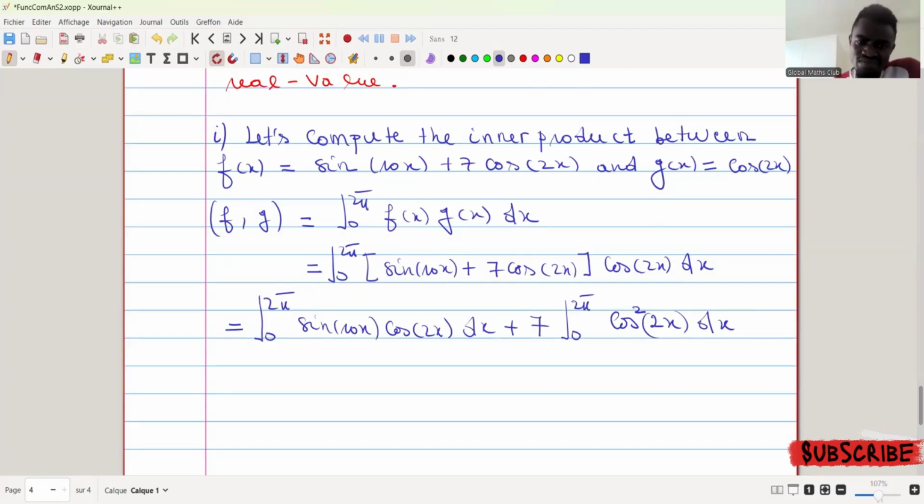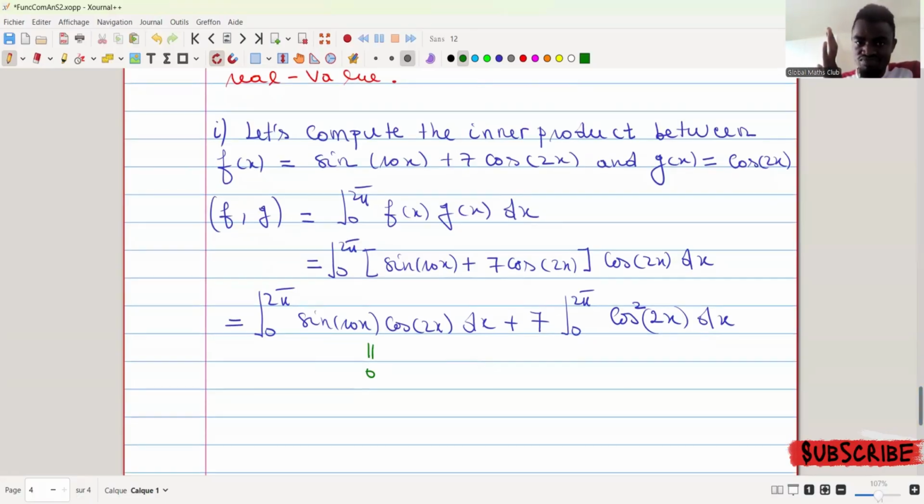So sine 10x and cosine 2x, they are orthogonal. Maybe if you don't know this, you have to compute this by using trigonometric formulas. And if you don't know, you are going to suffer. Sorry if you don't know. I don't know if you would like me to recall some trigonometric formulas, but before doing that, I would like to tell you this integral is 0. You should know this because cosine and sine are orthogonal in L2.